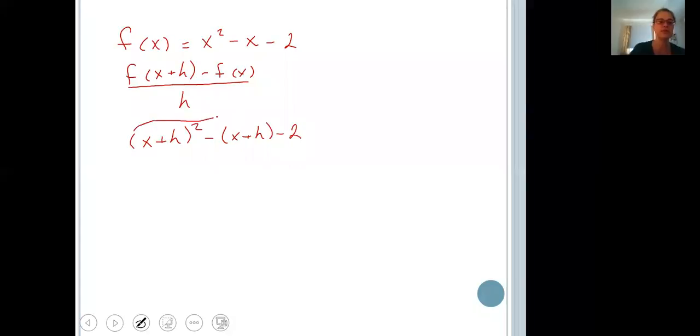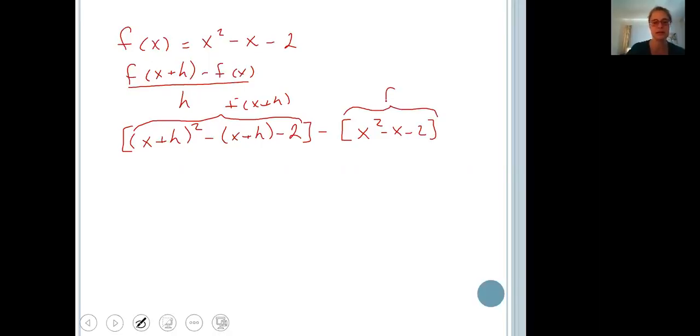What I just wrote down is f of x plus h. So that's one quantity. From that, we're going to subtract f of x, which is x squared minus x minus 2. This is f of x. And we're going to divide all of that by h.